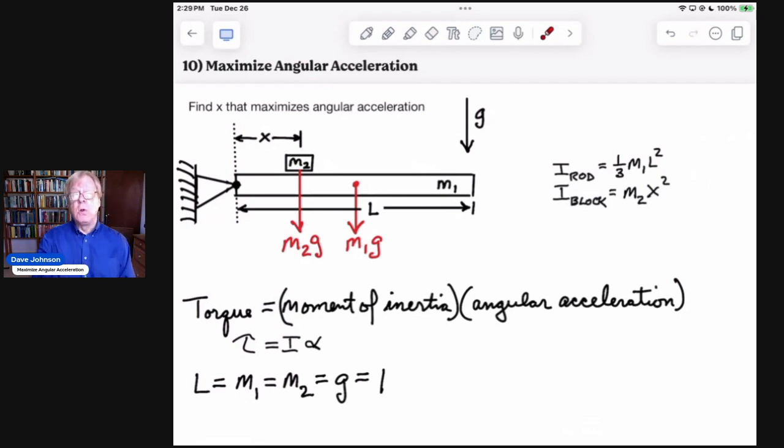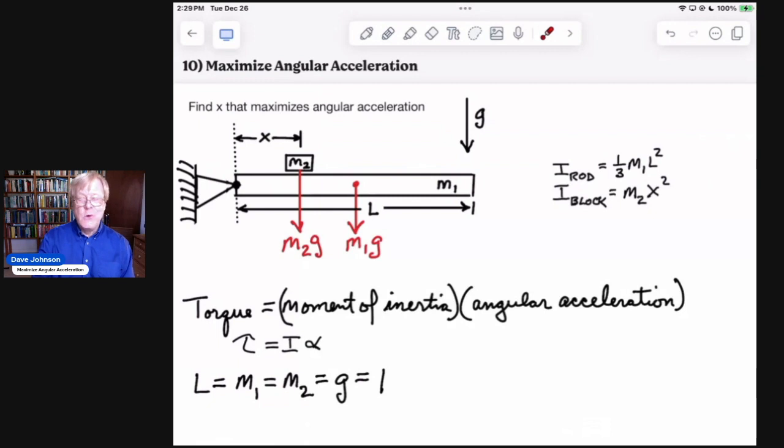We're also told in the problem that all of these dimensions, not x, but the L, the M1, the M2, and the g, we're just going to set them equal to 1. That makes the problem easier to compute. You can also do the problem without making this assumption.